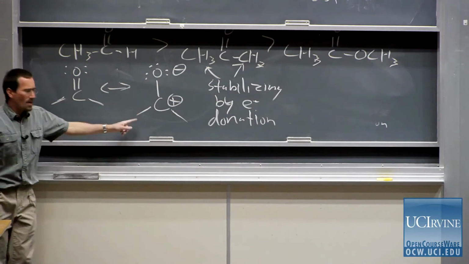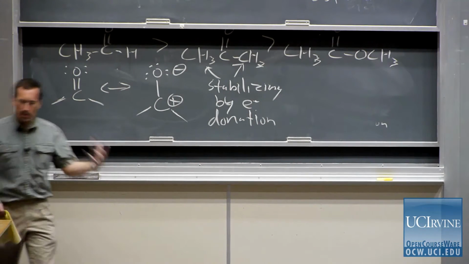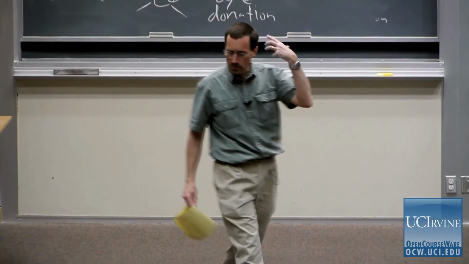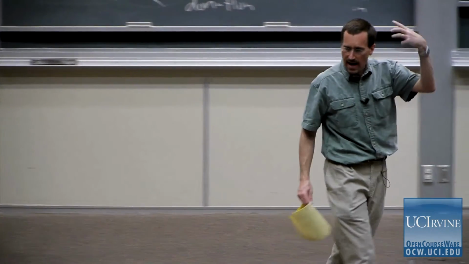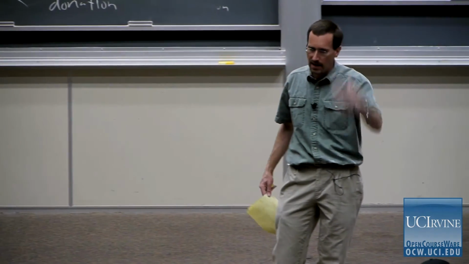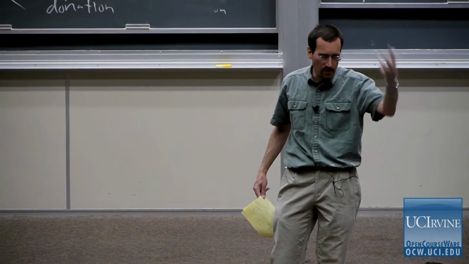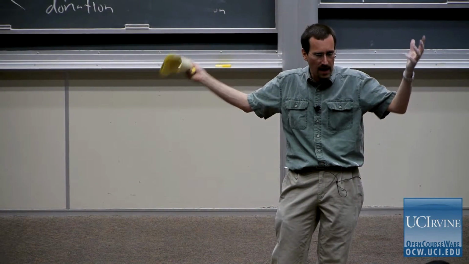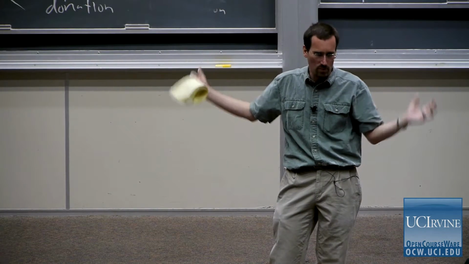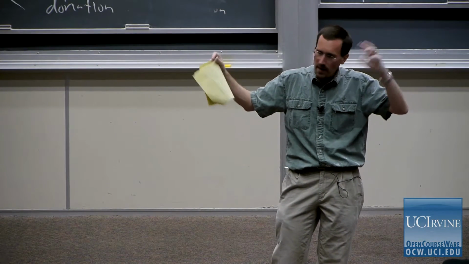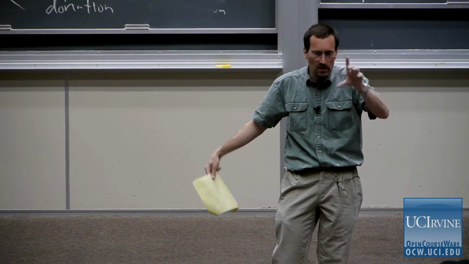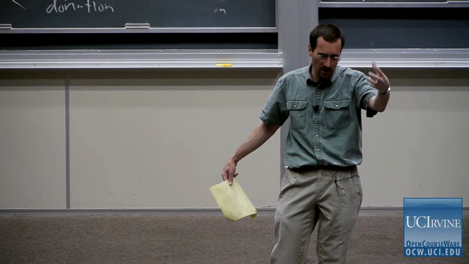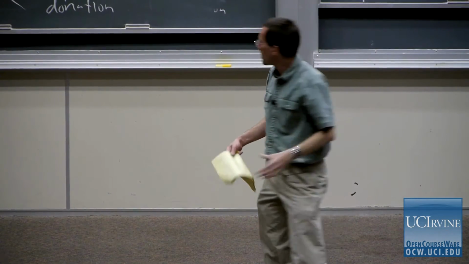When you learned about carbocations, you learned about hyperconjugation. You learned that a tert-butyl carbocation is more stable than an isopropyl carbocation, which is more stable than an ethyl carbocation. In other words, a tertiary carbocation, which has three alkyl groups donating electrons by hyperconjugation, feels less pain from that positive charge than a secondary carbocation than primary carbocation.